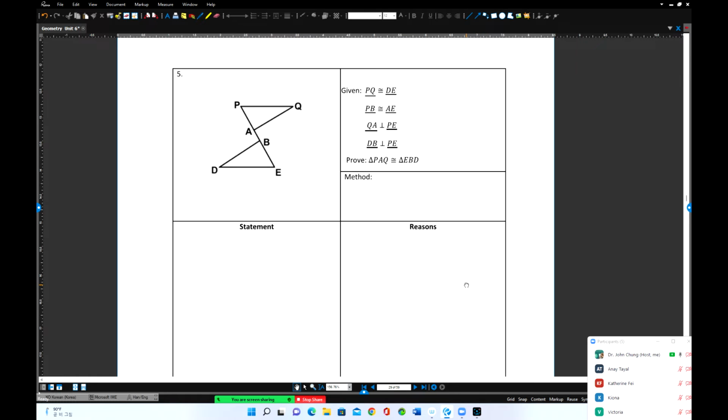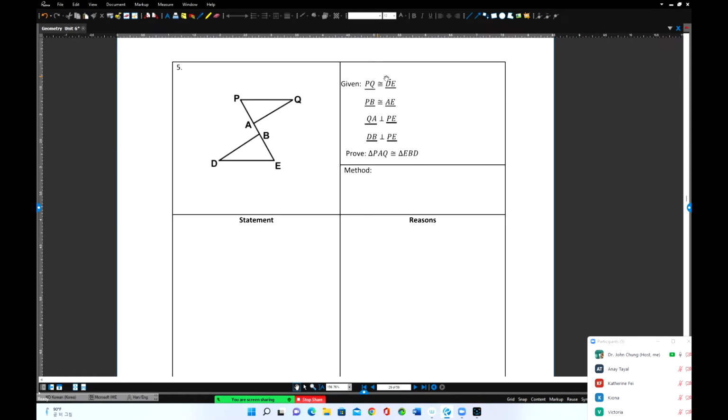Which method? From the given, always the method is from the given. You have to decide, okay? Not anything else. Which method will be available? Check it out and chat to me, okay?